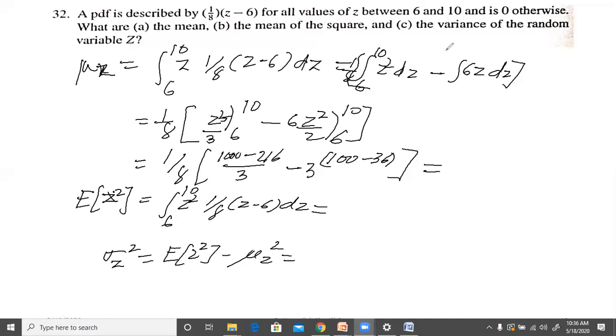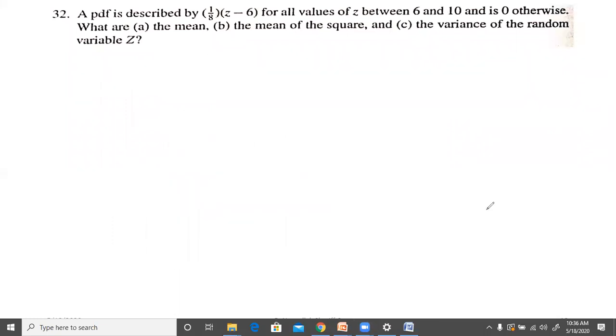Might be it is 1. You can just find that and try to solve it. So again, I'll just save this screen and then clear the drawing. Then we'll go to the next one.